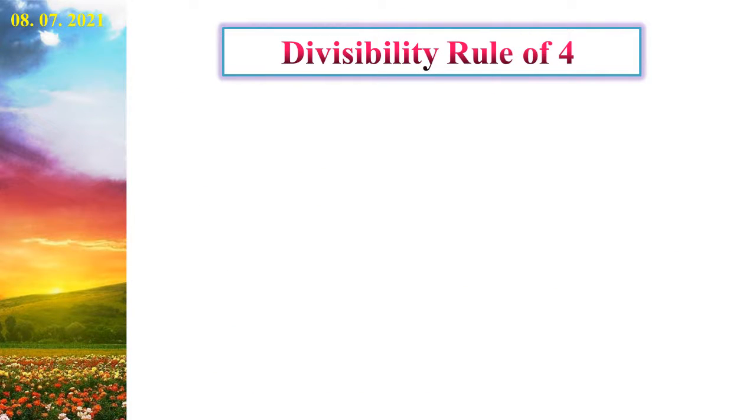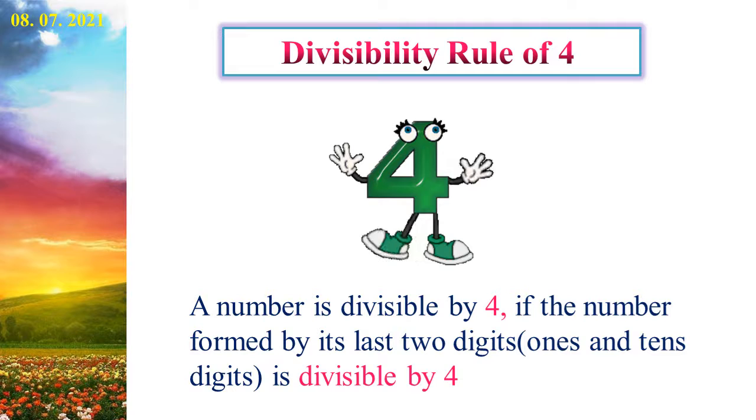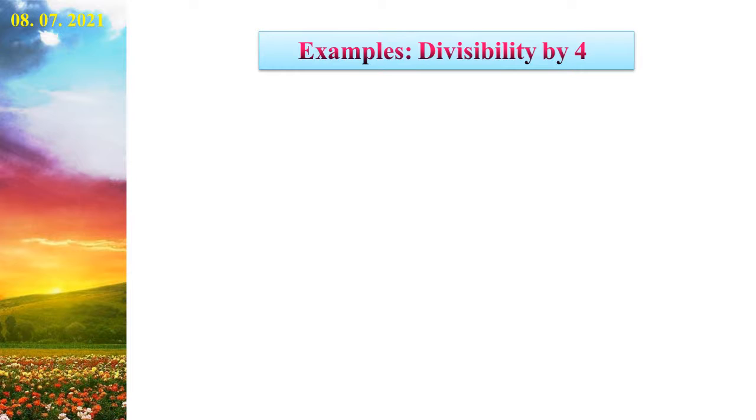Let's learn about divisibility rule of 4. A number is divisible by 4 if the number formed by its last two digits, that is ones and tens digits, is divisible by 4. Let's learn about divisibility rule of 4 with the help of some examples.